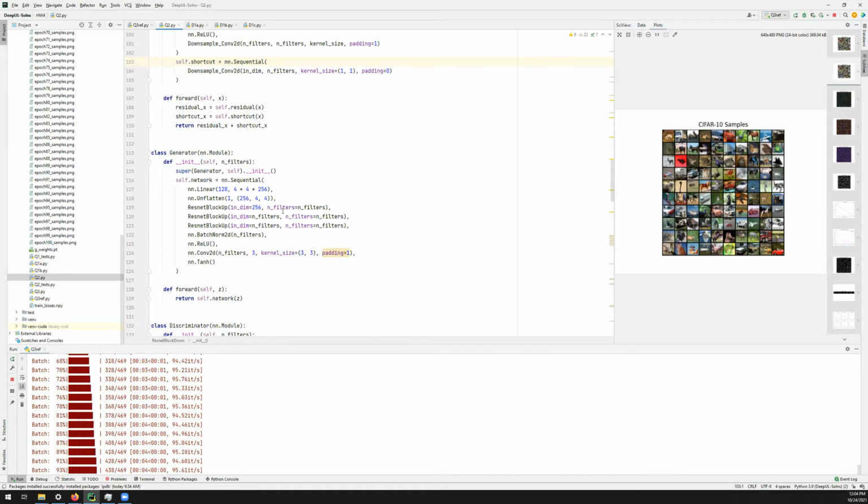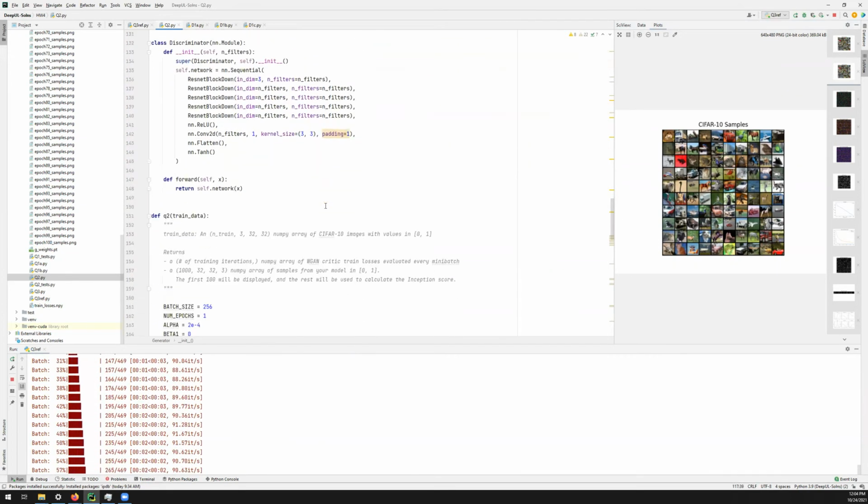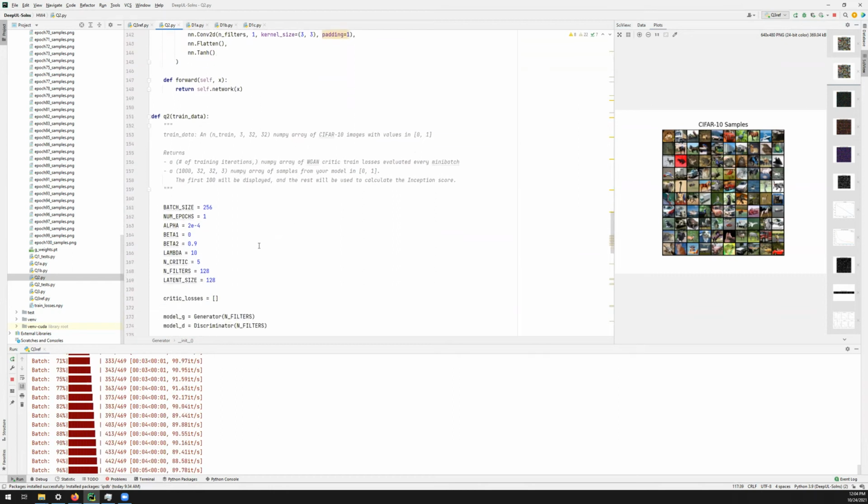I think it's 16 by 16 maybe. Yeah, it's 32 by 32. Okay. I didn't try it on there, so it probably would be a good idea to. But CIFAR also has the classes, right? So.